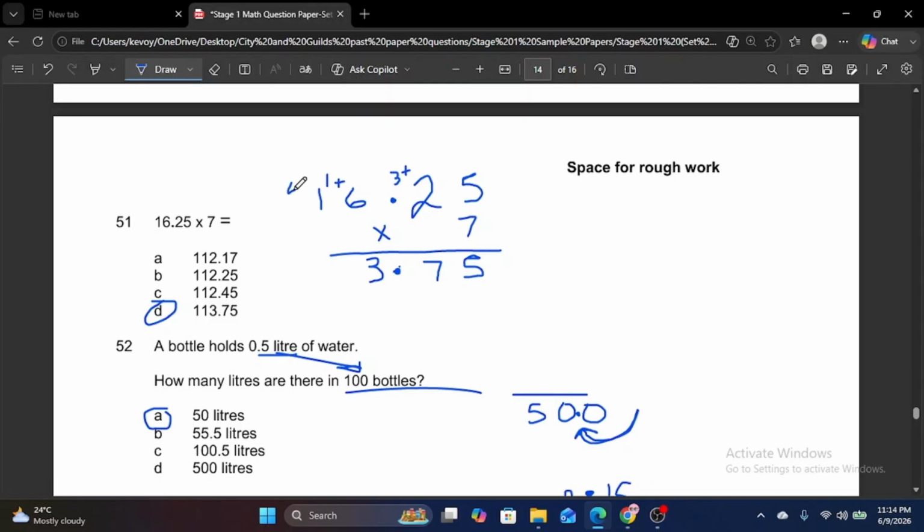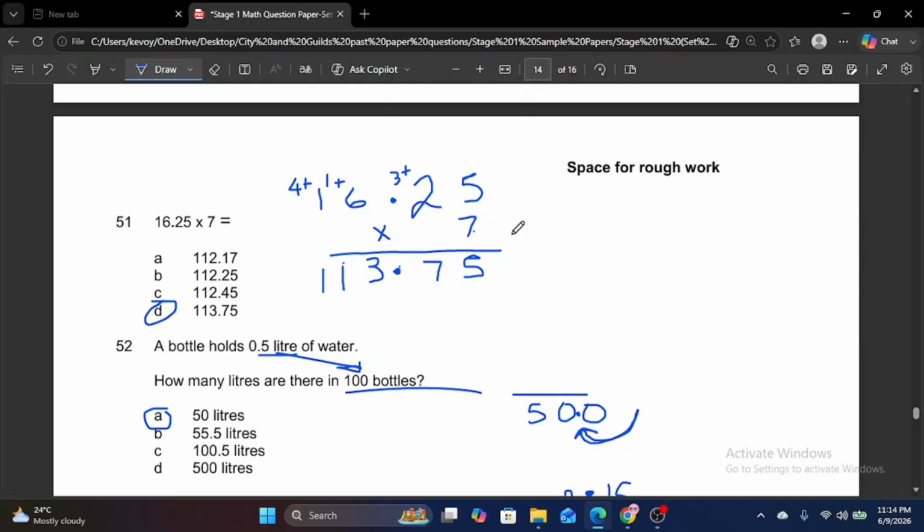And you carry over that 4, and you add that 4 to the 1. So 7 times 1, so remember to multiply before you add. So 7 times 1 is 7 plus 4, that's gonna be equal to 11.